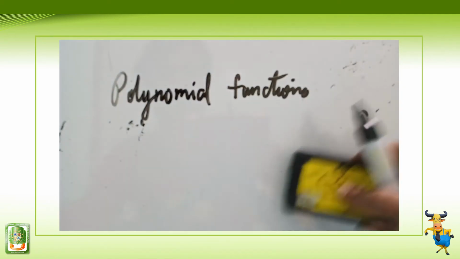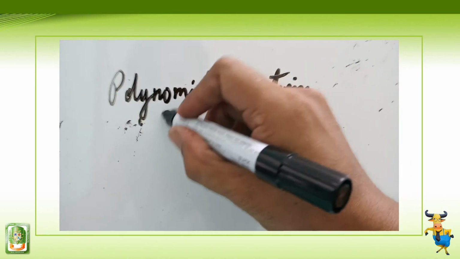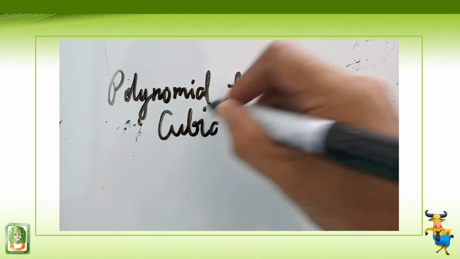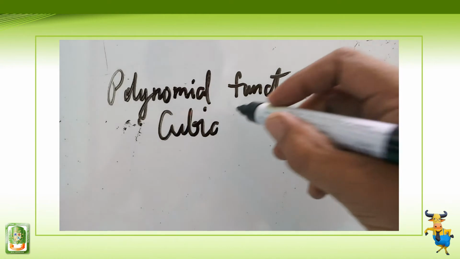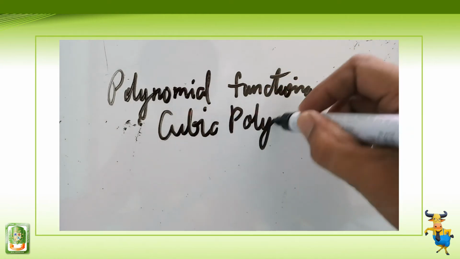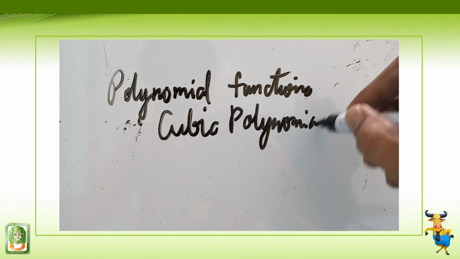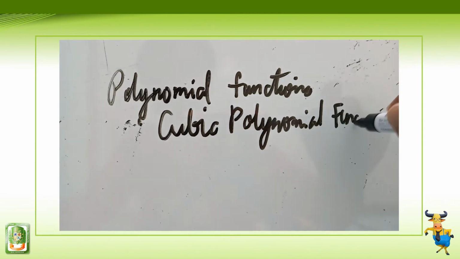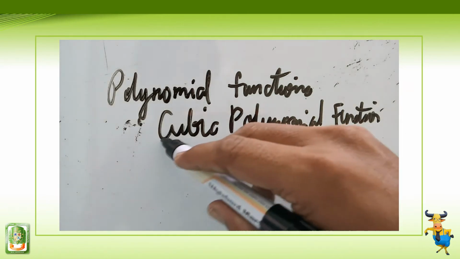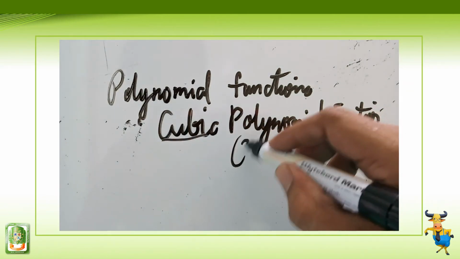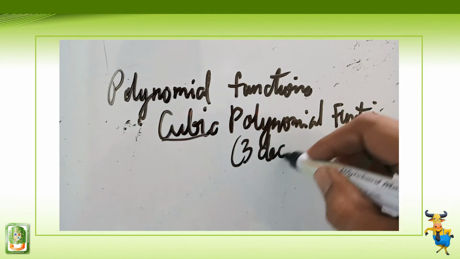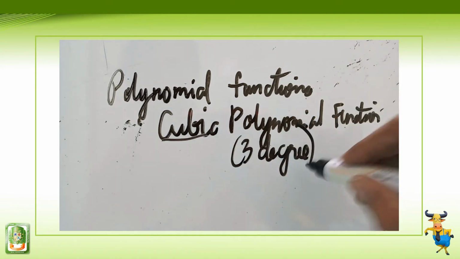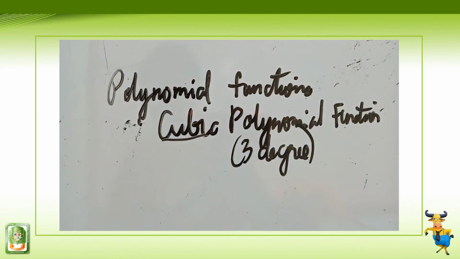Another example, the cubic polynomial function. Itong cubic naman, understood naman. So, ibig sabihin, nasa 3 degree tayo o degree of 3, or 3rd degree.